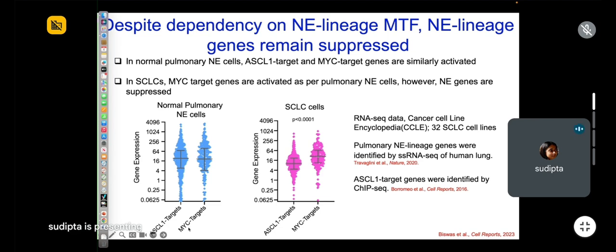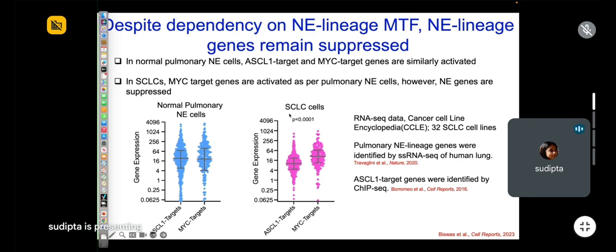And MYC, as I mentioned before, is the replication gene expression regulator. So you can see in normal pulmonary neuroendocrine cells, both are expressed the same way. So it is replication as well as differentiation. These two processes are coupled, so they get mature.